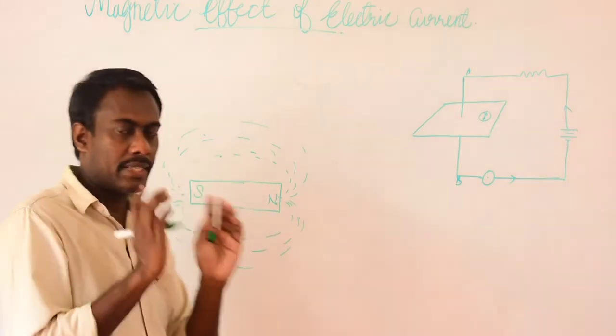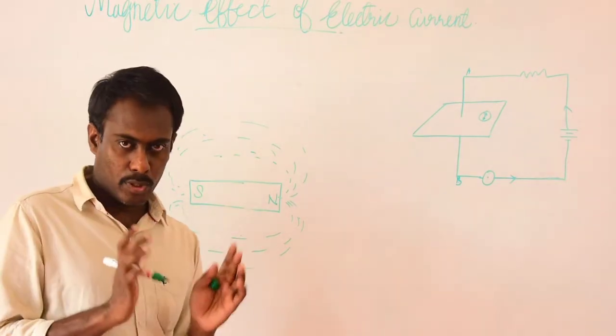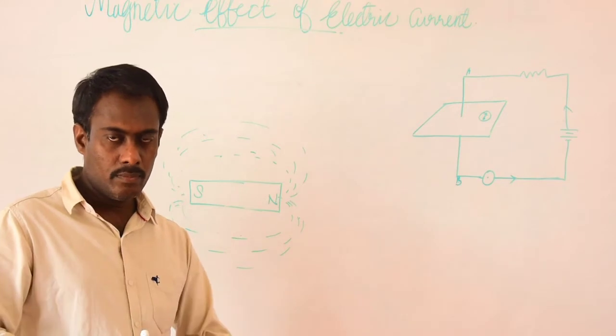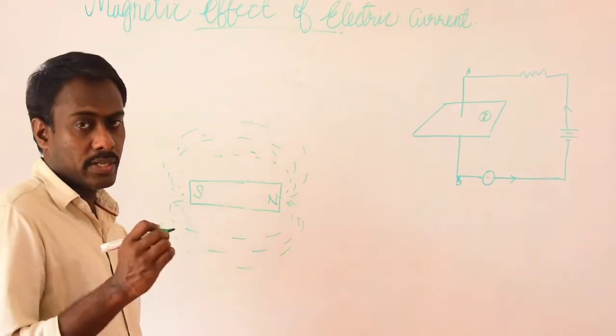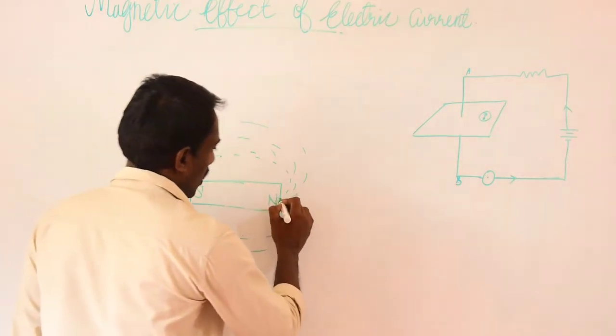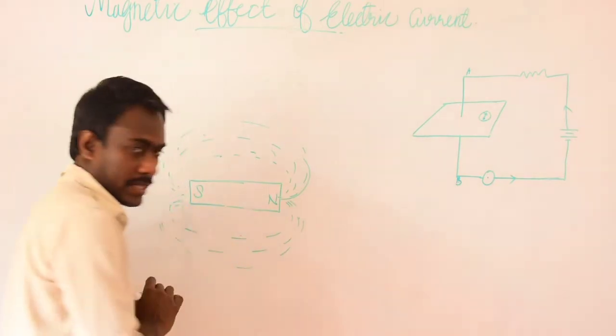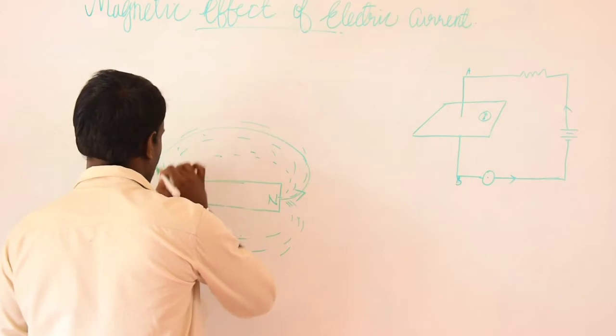So a magnetic field is produced around a magnet, and it is represented by field lines. The direction of the magnetic field is always emerging out of the magnet, from the north pole to the south pole.